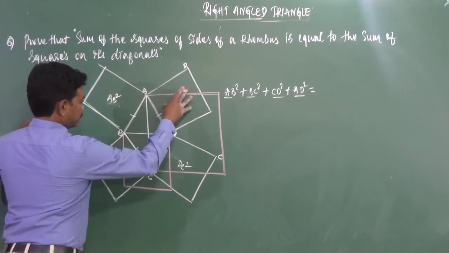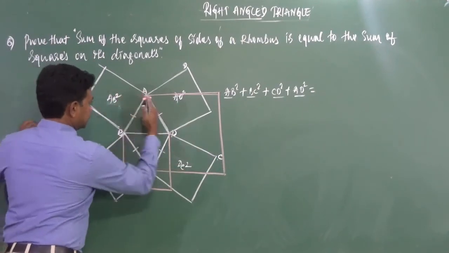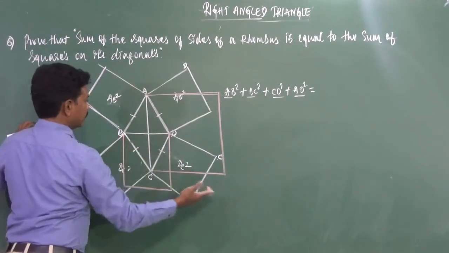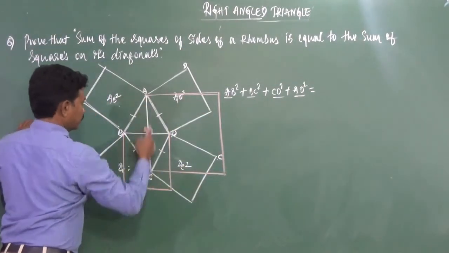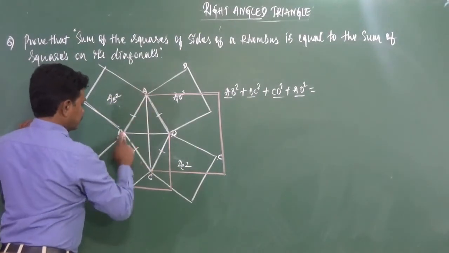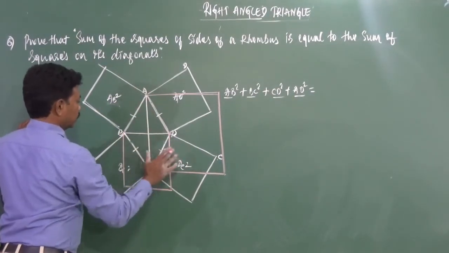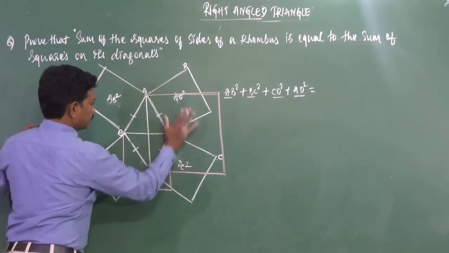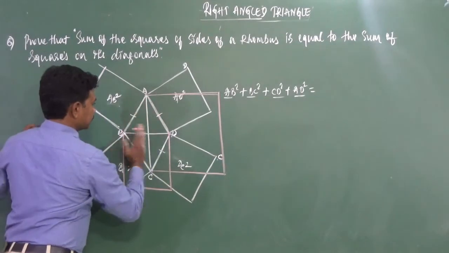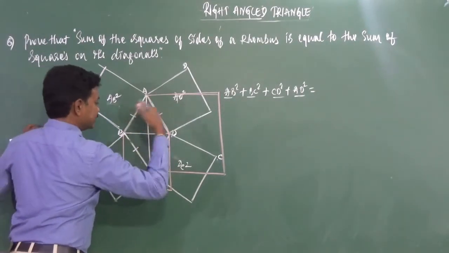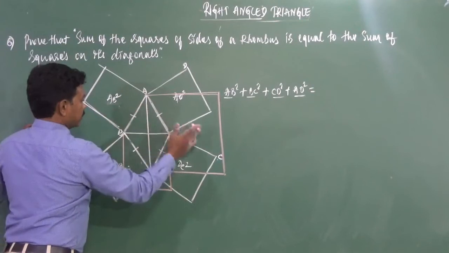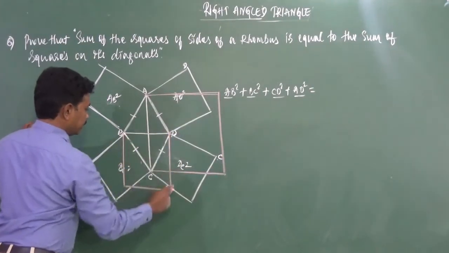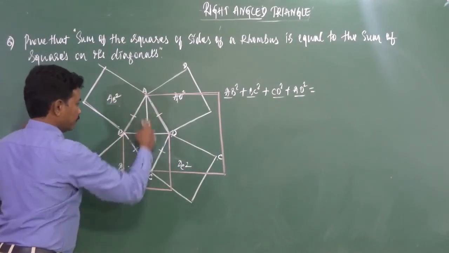So here the sum of the squares on the sides of the rhombus, that is what I have written mathematically there, is equal to the square built on one of the diagonals and the square built on the other diagonal. So the problem means the sum of the areas of the squares built on the sides of the rhombus is equal to the sum of the areas of the squares built on both the diagonals.